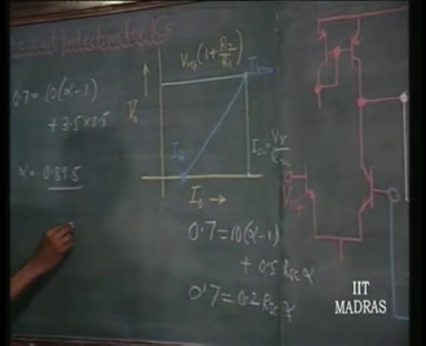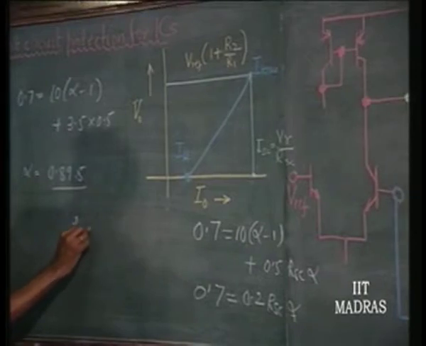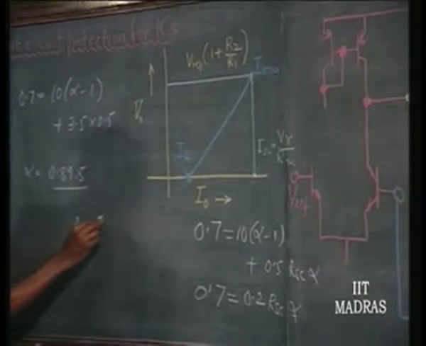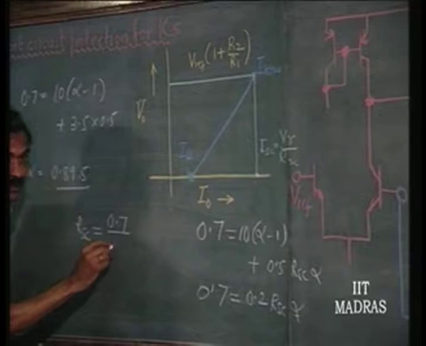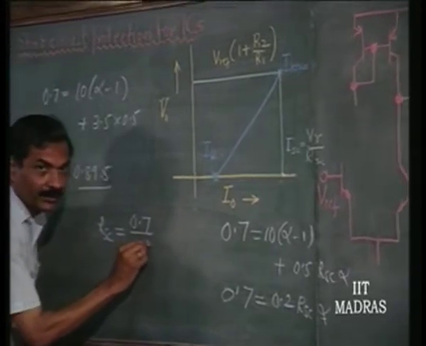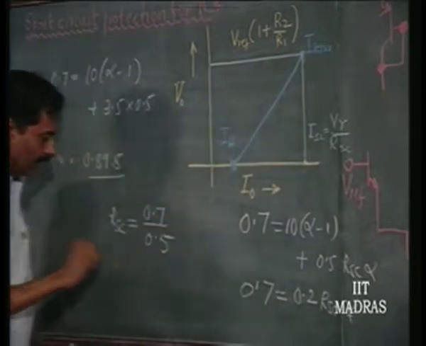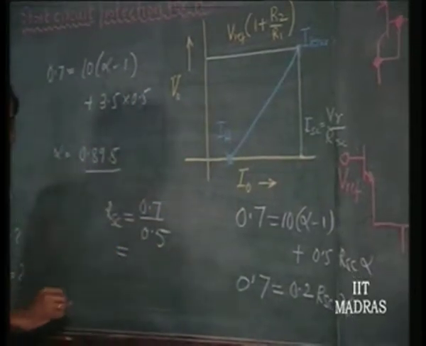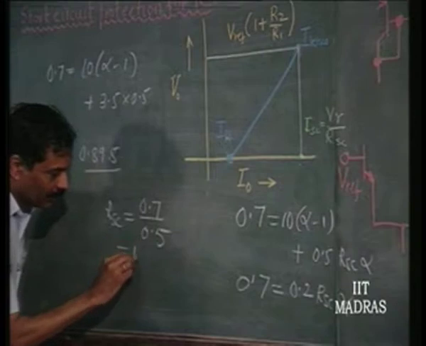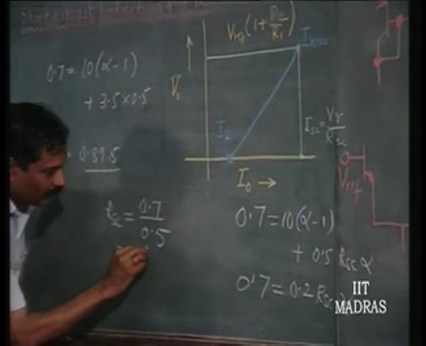So, let us say I want RSC equal to 0.7 divided by 0.5. If I want this kind of short circuit protection, the RSC is going to be 0.7 by 0.5, which is how much? 1.4.